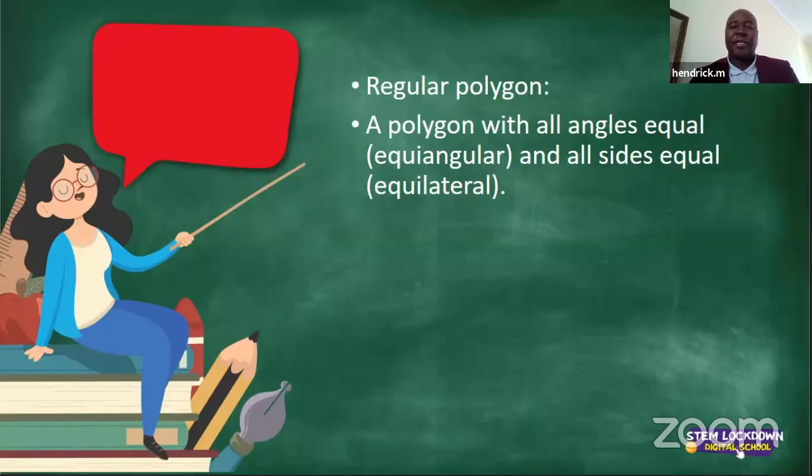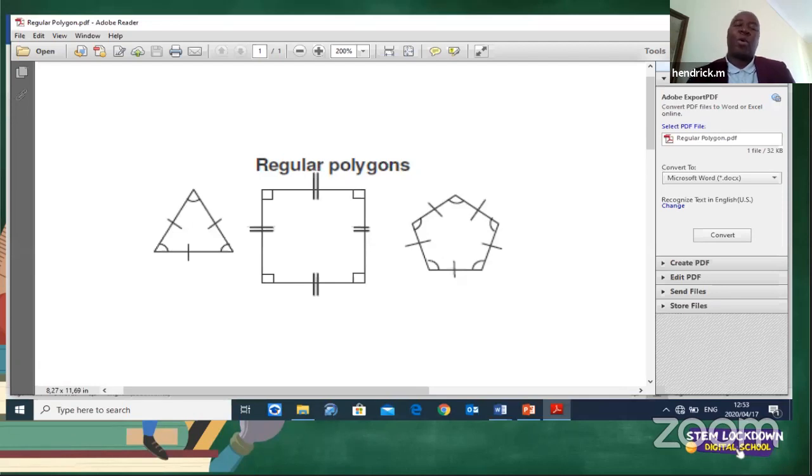And of course, these are examples of regular polygons. As you can see there, we have an equilateral triangle. We also have a square. You can see that in a square, all sides are equal. Equally, we have a pentagon, which is a 5-sided figure, and the sides are also equal.